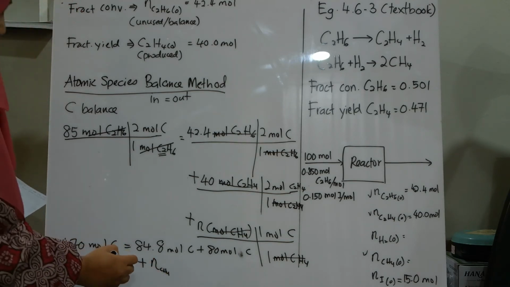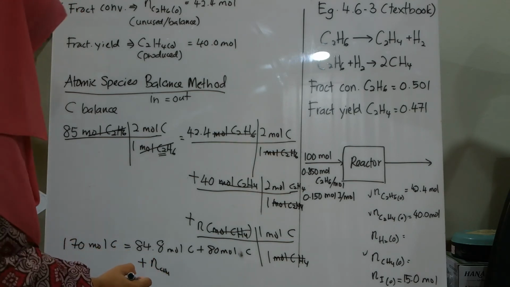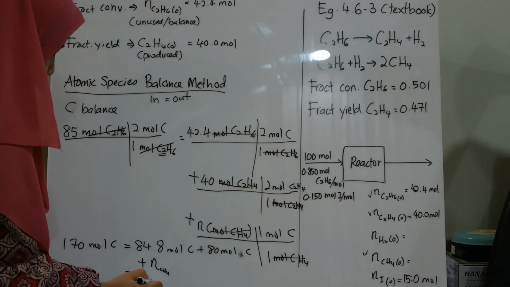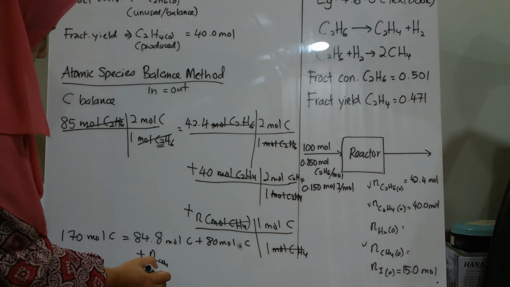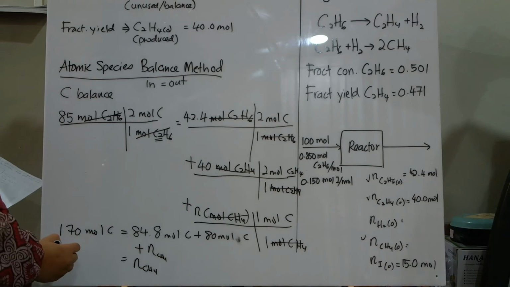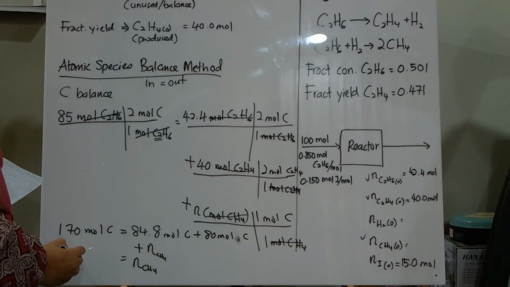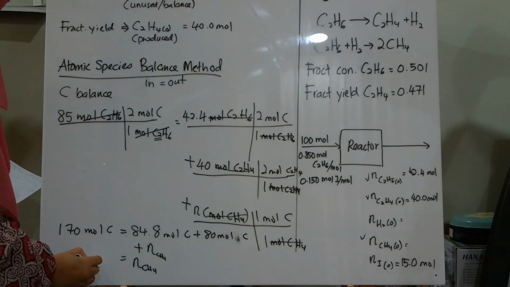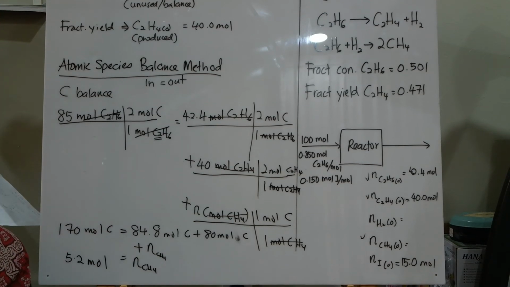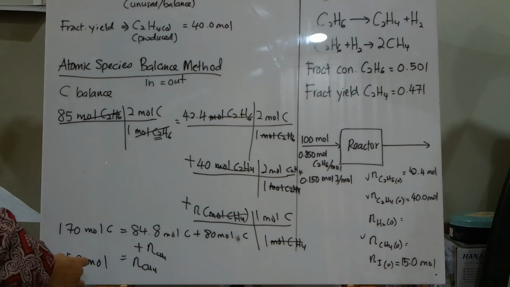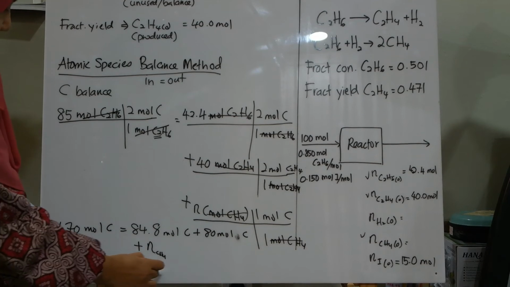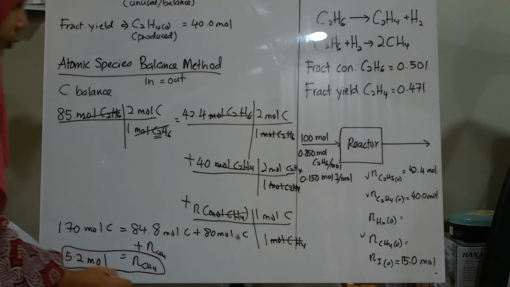So finally, the NCH4 produced is equivalent to 5.2 mole.